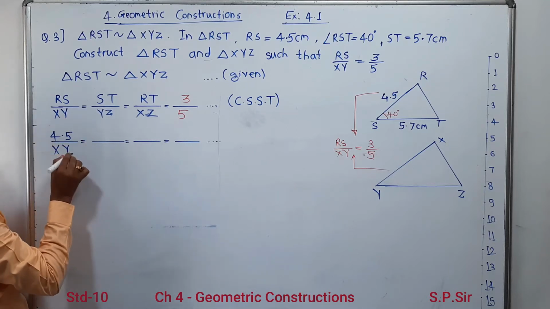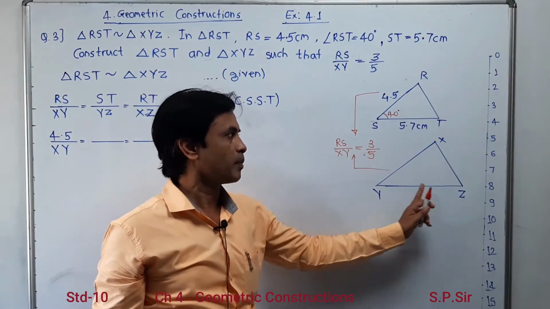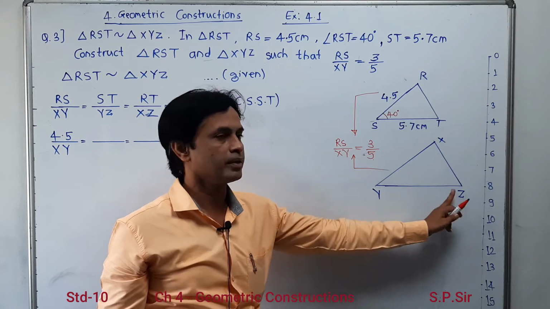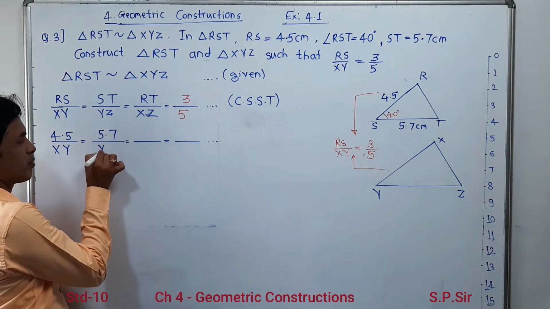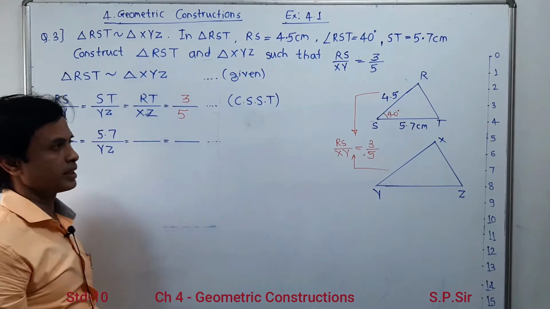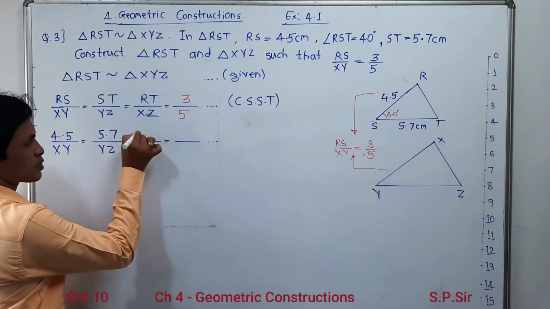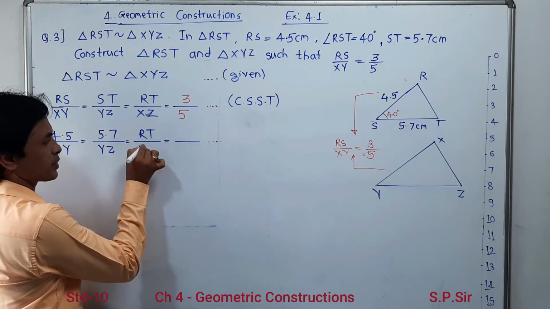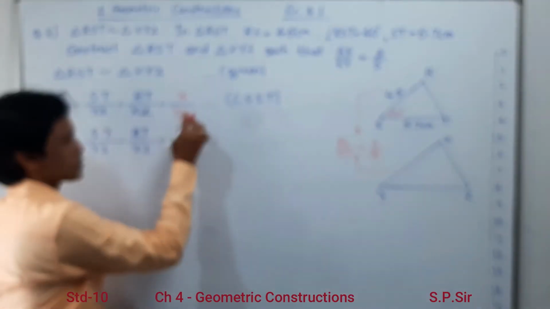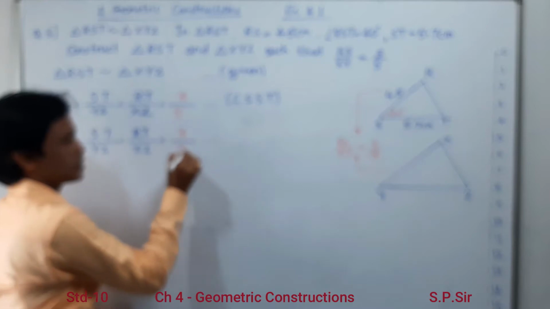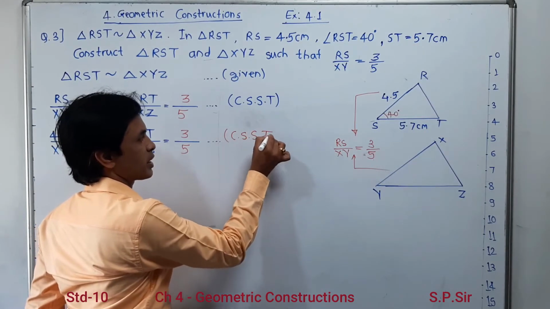ST upon YZ means 5.7 divided by YZ. RT and XZ are both unknown for us, so RT upon XZ, and again this ratio is 3 is to 5. Your reason remains the same, corresponding sides of similar triangles.